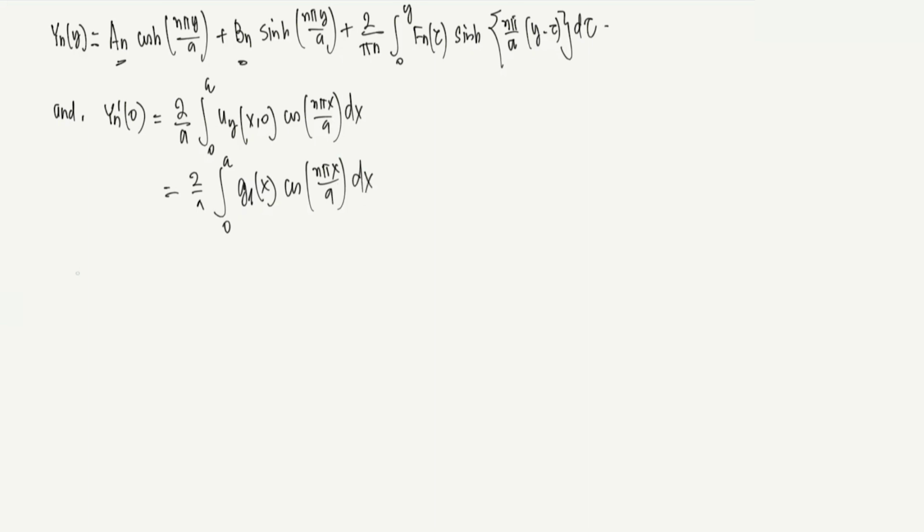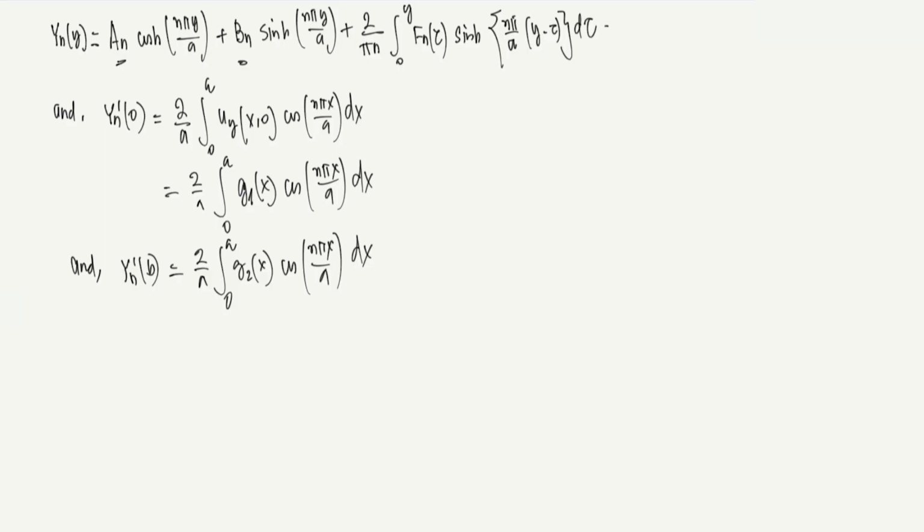And y_n prime of b is again the boundary condition: integral from 0 to a of g2(x) cos(n pi x / a) dx.